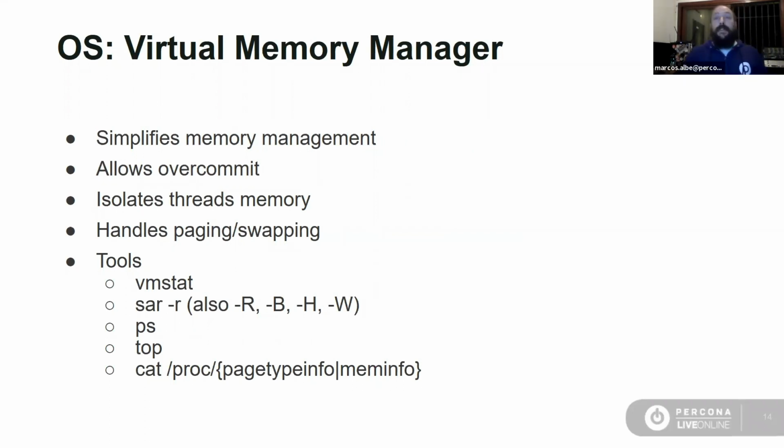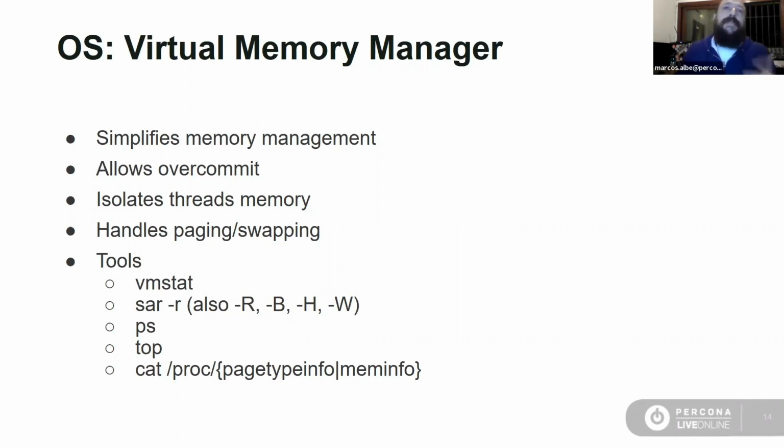In the full length talk, I will expand on the virtual memory manager. I will explain how it simplified memory management long ago, back in the 80s, how having a virtual memory manager was a great thing that helped programmers simplify their code and achieve more stable code.